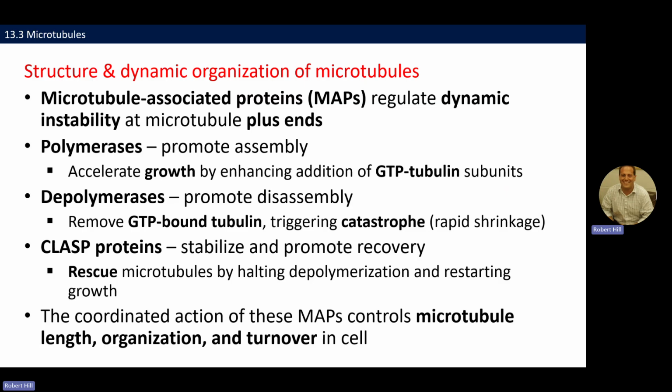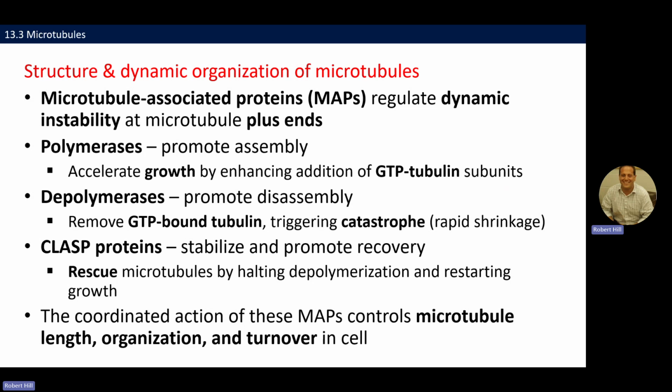And we're not going to say that 100 times from here on out. We're just going to call them MAPs. Right? Microtubule associated proteins are MAPs, and they regulate the growth, the shrinkage, and the stability of microtubules. So they bind primarily to the plus end of microtubules and influence whether they elongate or shorten.